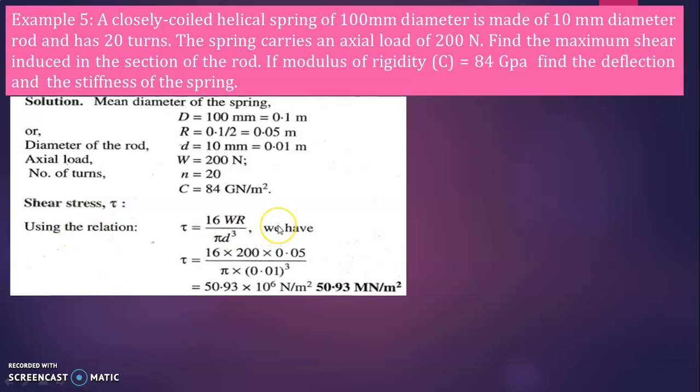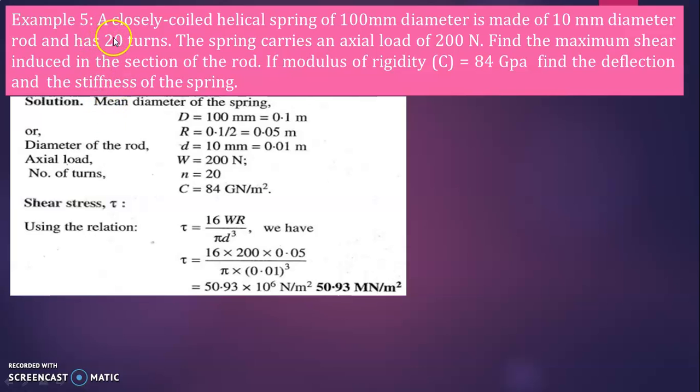You have the deflection formula, but first you can calculate shear stress. You have the shear stress formula, tau is equal to 16 WR divided by pi d cube. So tau is equal to 16 into W is 200 into R is 50 mm or 0.05 meter divided by pi into d.